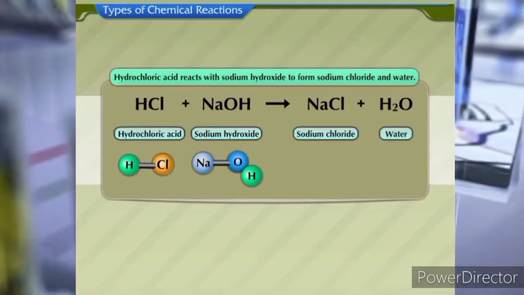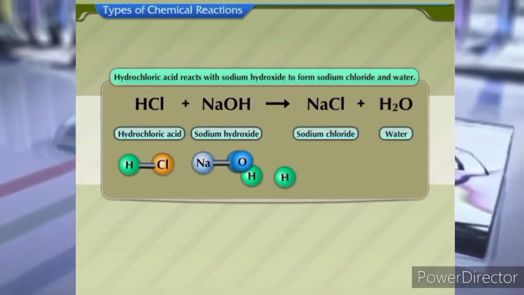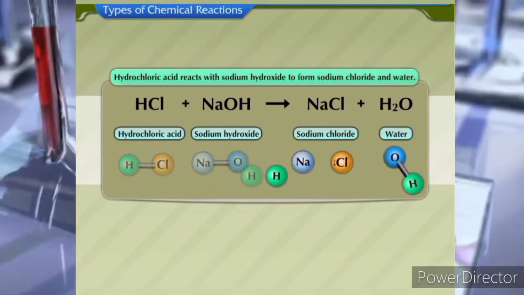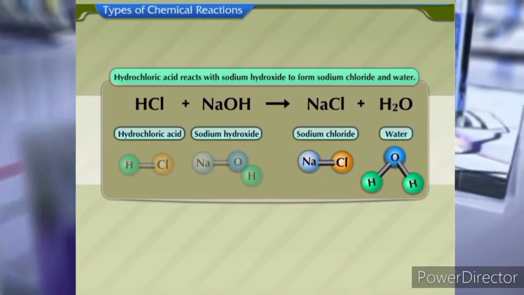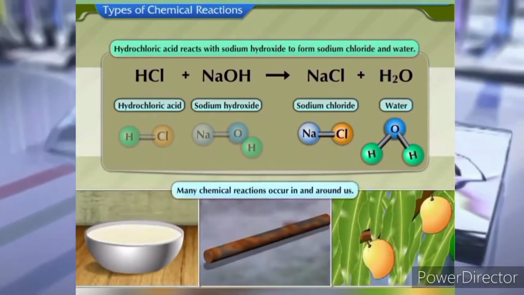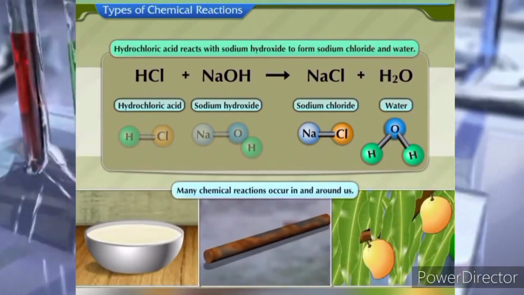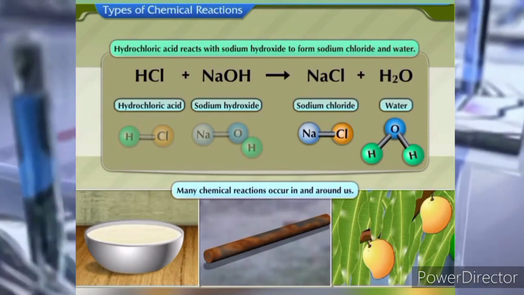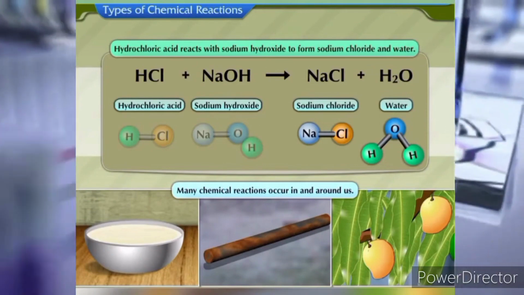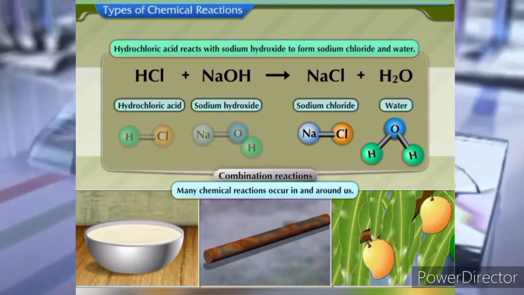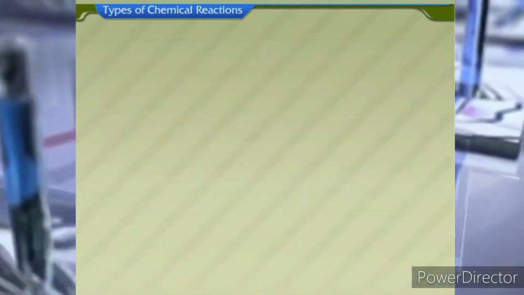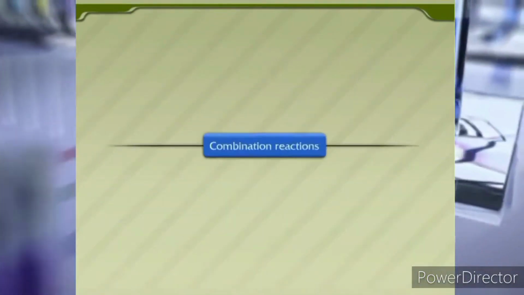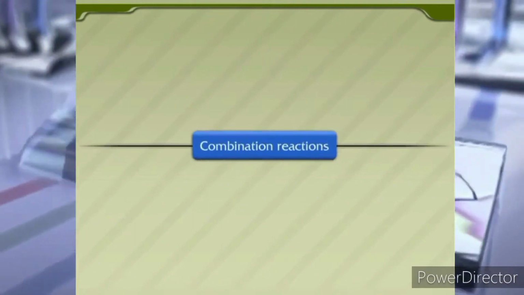Bonds between hydrochloric acid and sodium hydroxide break and form two new compounds, sodium chloride and water. Many chemical reactions occur in and around us. Let us discuss one such type of chemical reaction, combination reactions.